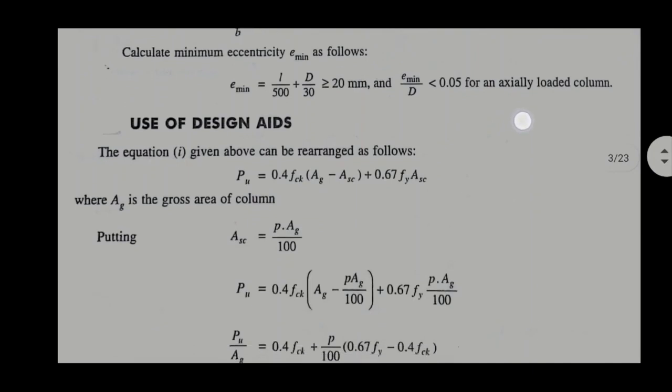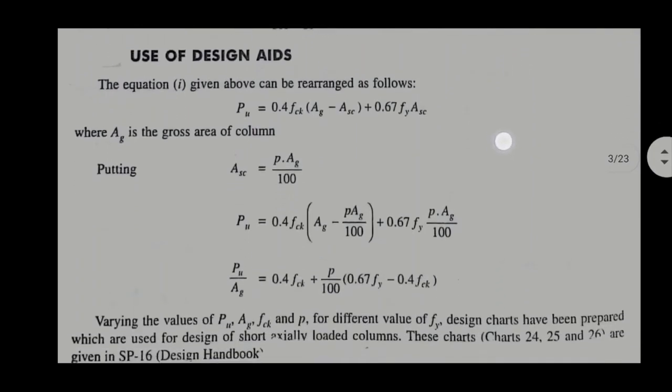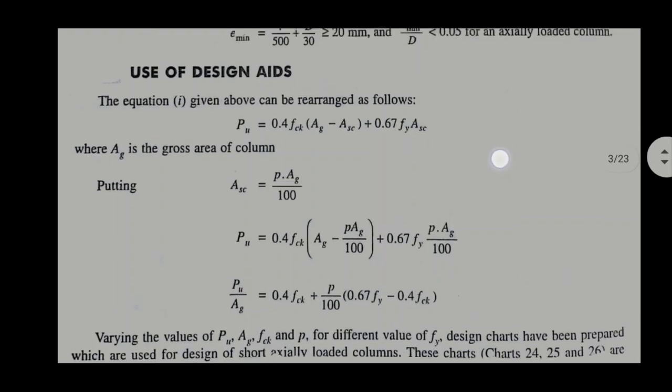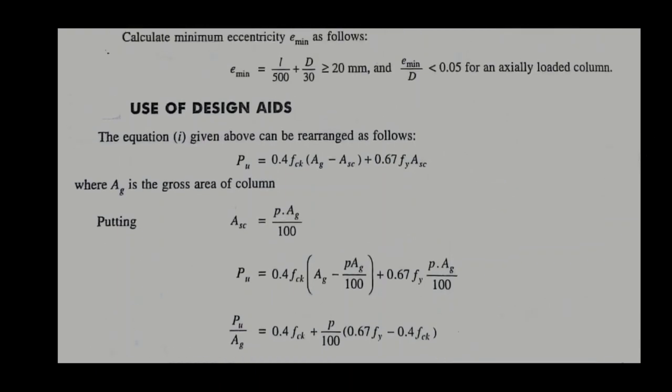Now we can use design aids. The equation 1 given above can be rearranged as follows. Pu equals 0.4 fck within bracket Ag minus Asc plus 0.67 fy Asc, where Ag is gross area of column.